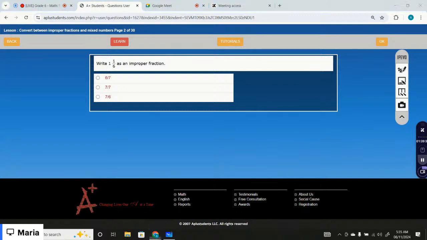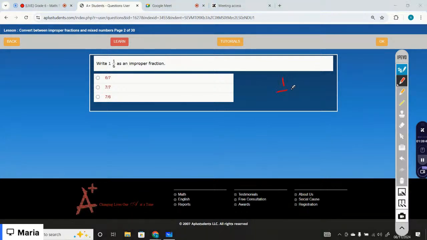So the whole number is 1, write it as 1 by 1. Multiply it by the denominator, that is 6 over 6. Now add 6 by 6 and the fractional part. So 6 plus 1 is 7, that is 7 over 6. Option number 3 is the correct option, right? That is 7 over 6.